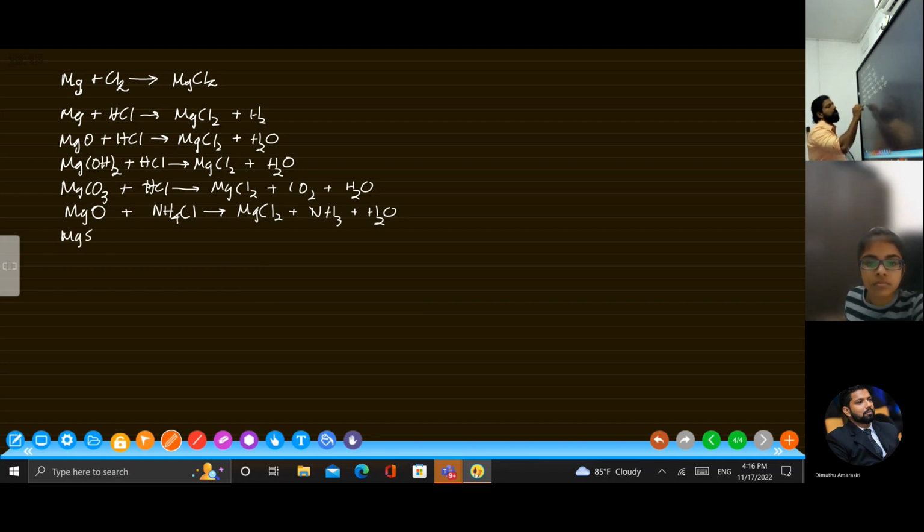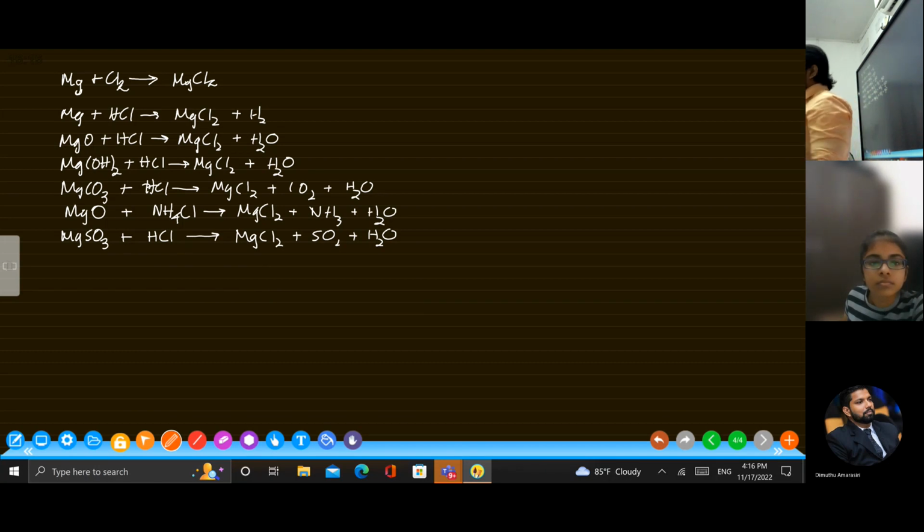Magnesium sulfide: we know sulfides react with acids to give the particular salt, sulfur dioxide and water. So here you can write 1, 2, 3, 4, 5, 6, 7 reactions. Wow, sharp knowledge of the syllabus reactions when you're going to produce a salt. Is that clear?